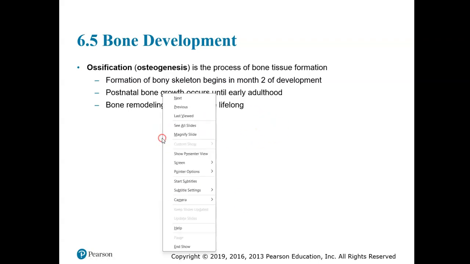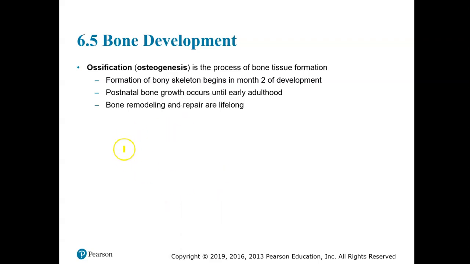Let me get the highlighter. Your first term is ossification or osteogenesis. Both of those terms mean bone tissue formation. So ossification and osteogenesis occur when the bones are developing.